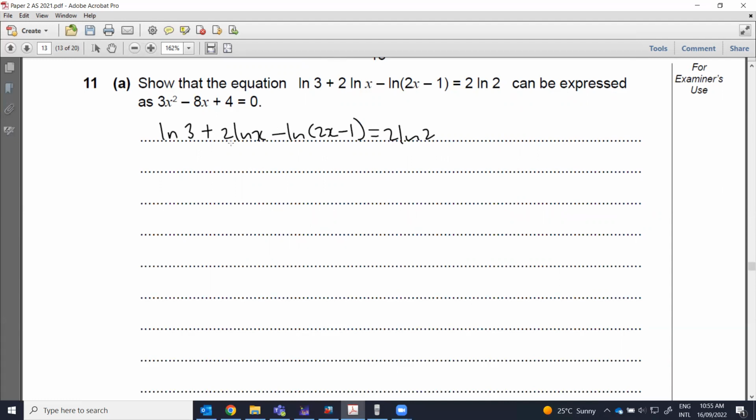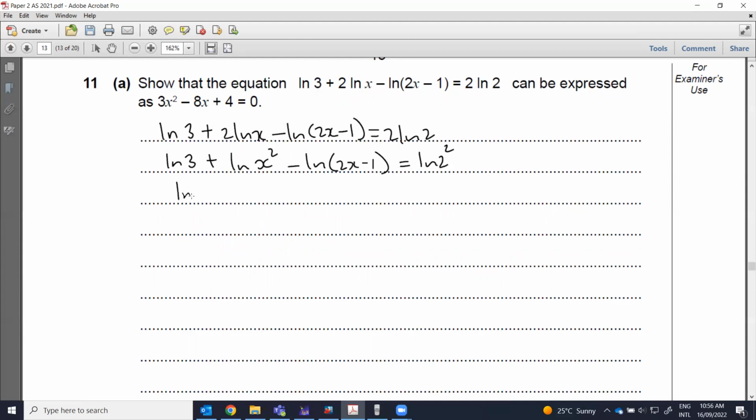So we have numbers here multiplying our logarithms. We can include them in the logarithm. So we have ln of 3 plus ln of x squared minus ln of 2x minus 1 is equal to ln of 2 squared, and this is just equal to ln of 4.